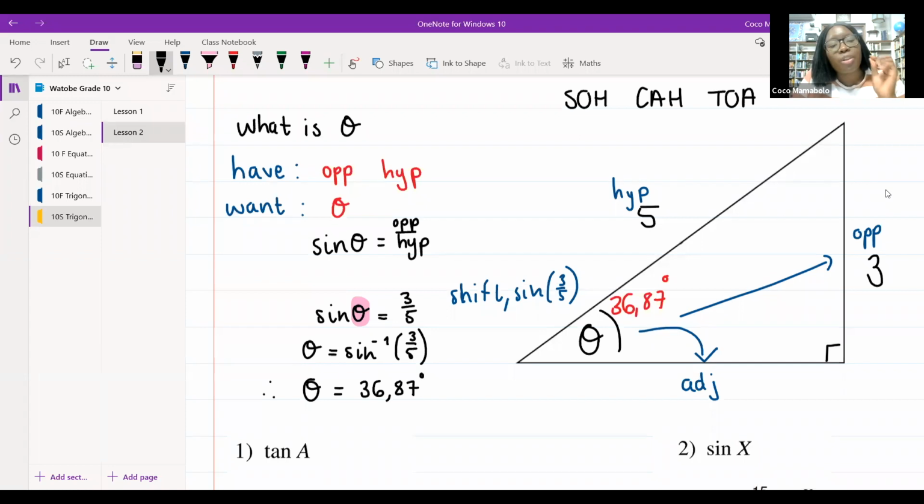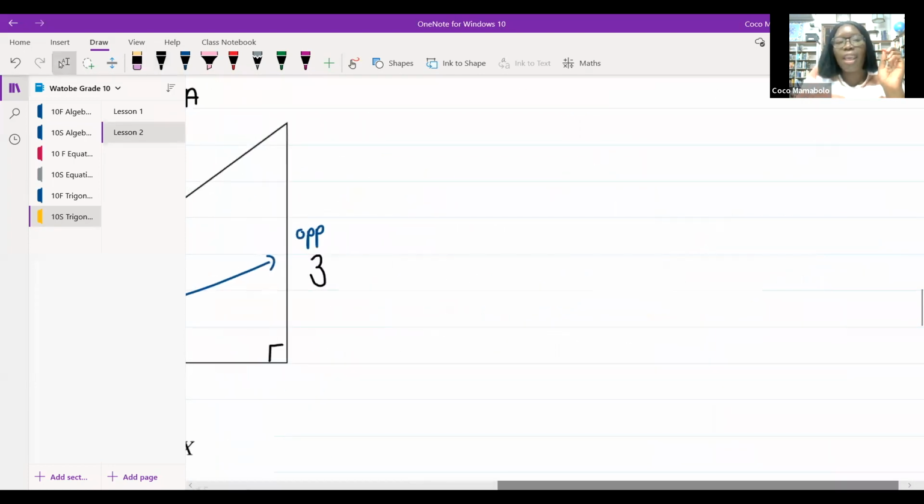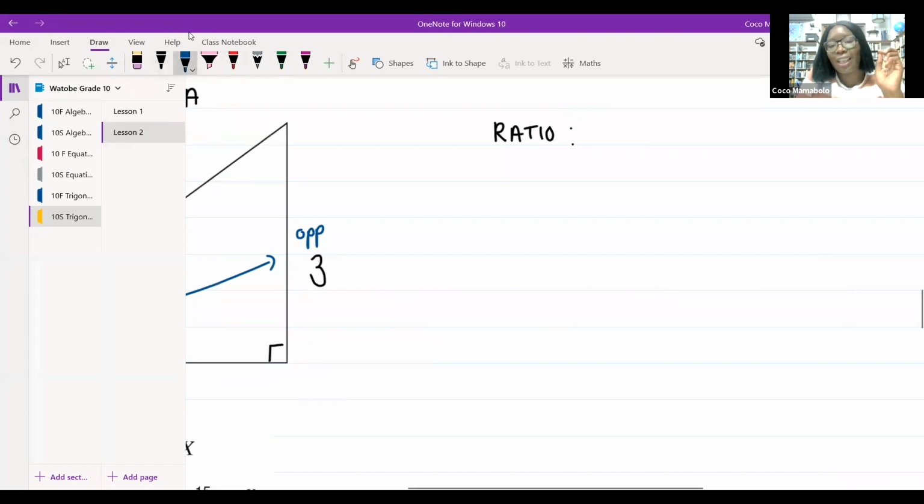If I want to find the ratio, I'm going to write it on the side here so that we don't lose it. If I want the ratio, I click sine, cos, and tan.